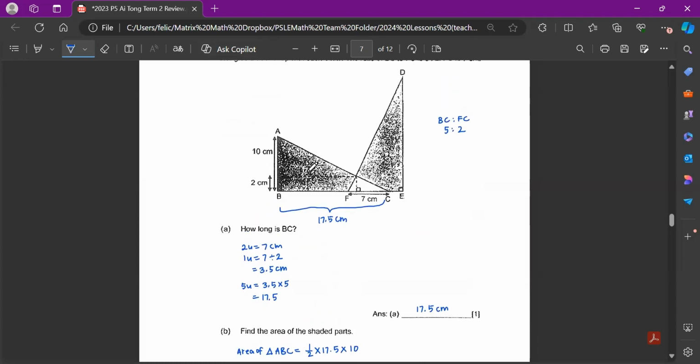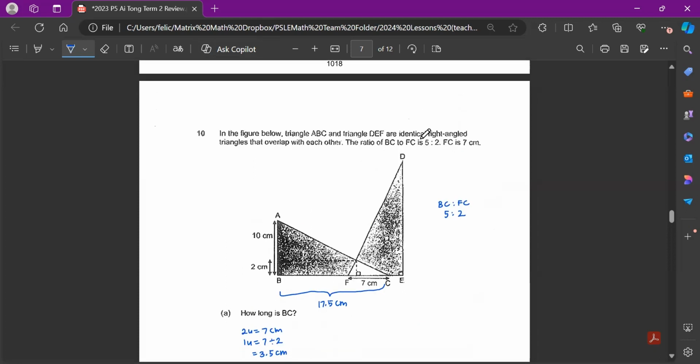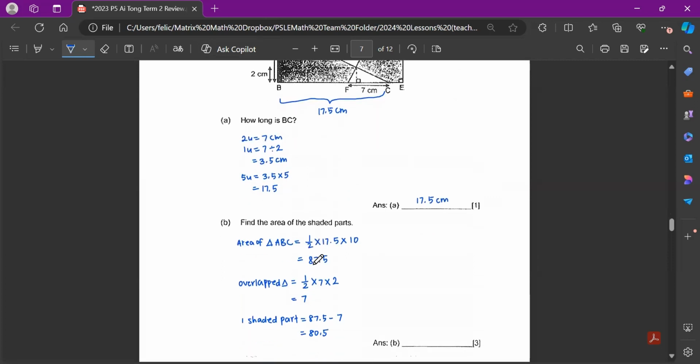Okay, so now if I know this shaded area is 80.5, the other shaded part is also 80.5 because, like I said just now, the two triangles have the same area since they're identical, and since they share the same overlapping part, their remaining shaded parts must be equivalent to each other also. So we can just do 80.5 times 2, which will give us 161 square centimeters.